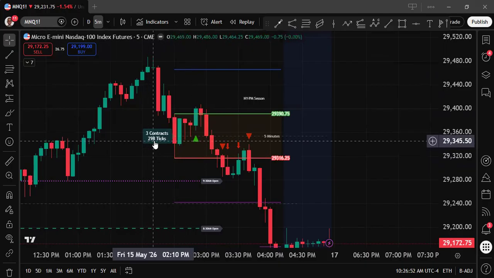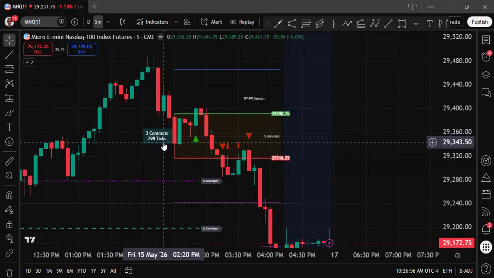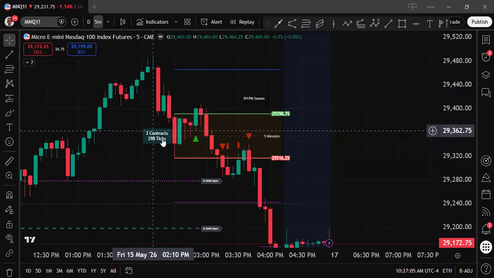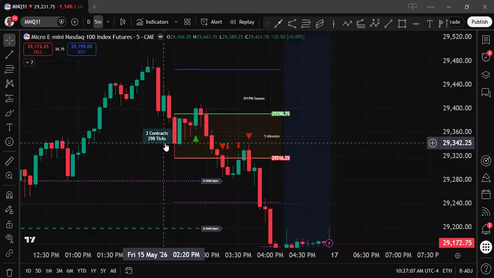These tick levels are pretty much going to be your stop loss. This specifically is three contracts for MNQ, 298 ticks, which is actually $500 as a loss.